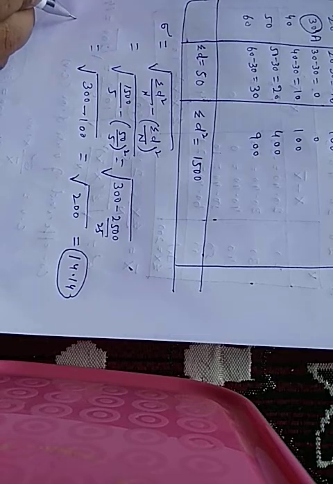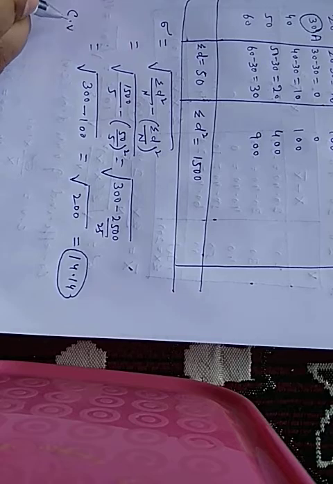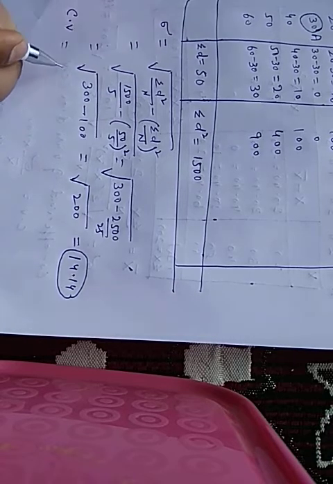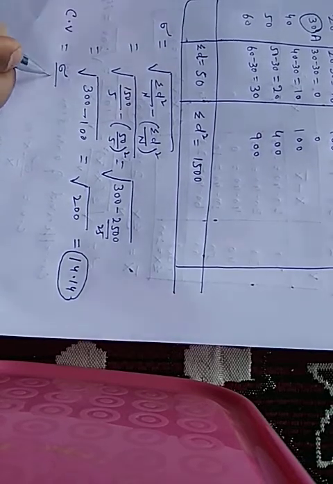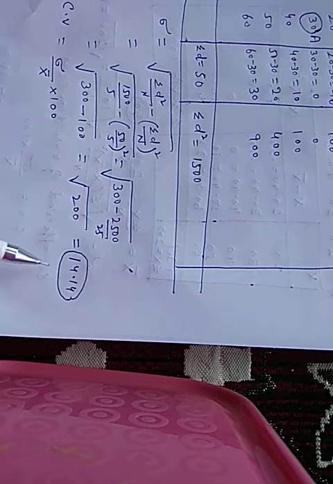Now we will calculate the value of coefficient of variation, CV, which is equal to the value of standard deviation divided by the value of mean x bar multiplied by 100. We have got the value of standard deviation.